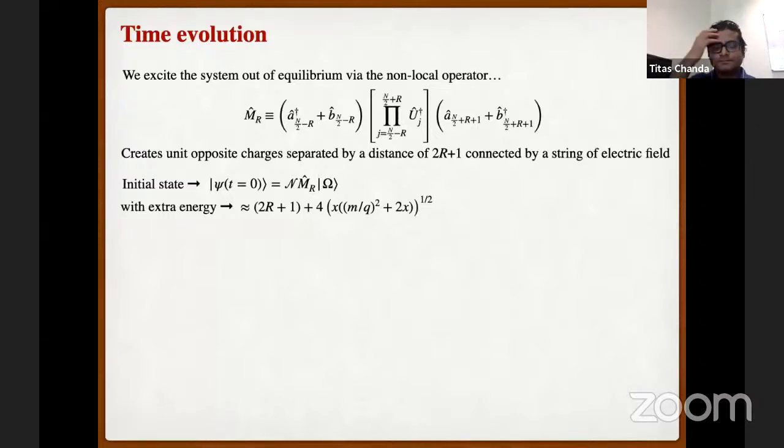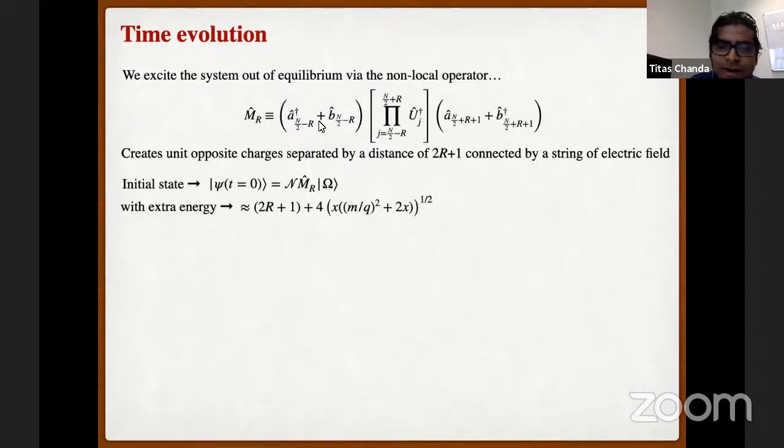Okay. So in our time evolution, we first excite the vacuum of our system via this non-local operator. It creates a particle at position n/2 minus r, and an antiparticle at position n/2 plus r plus 1.